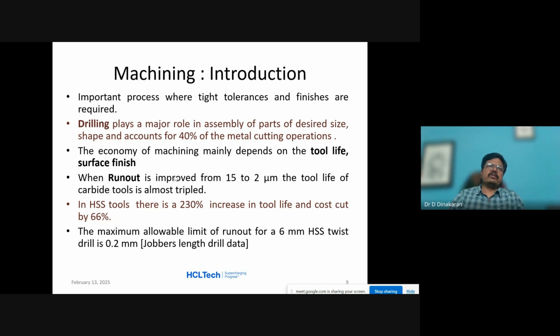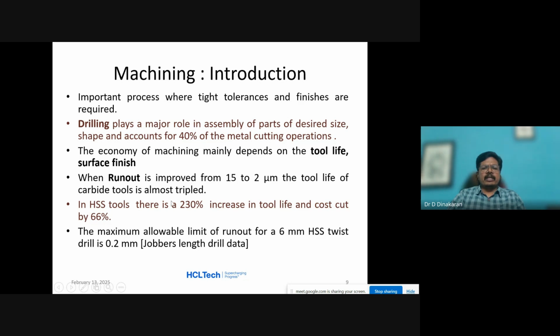Instead of a perfect hole, if you are using a 10 mm drill bit, the hole dimension would be around 10.5 or 11 mm. That is how it enlarges the drilled hole.